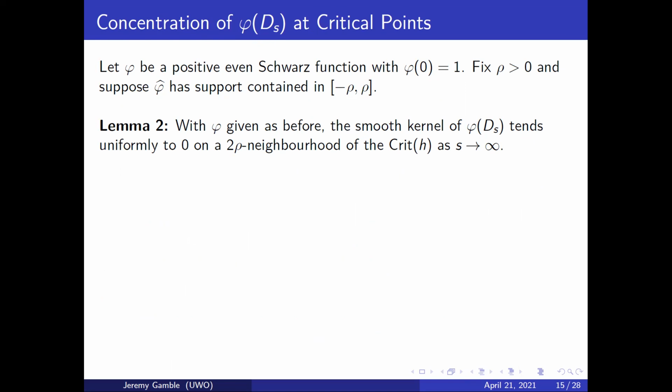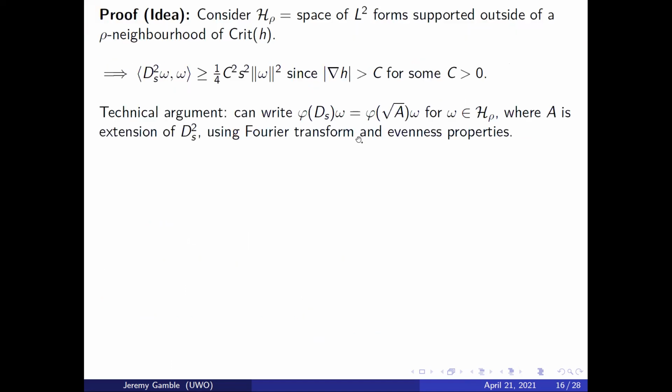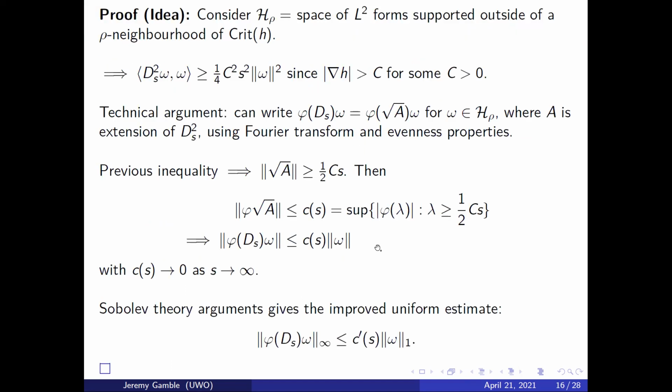And when I'm doing this technical part, I glossed over that phi of d_s omega is equal to phi of squared a of omega. You need to use the Fourier transform and go through some hoops to really prove that this is equal to this. So that's why the Fourier transform was popping up. And I think that's why you need the compact support as well, so the integral is nice.